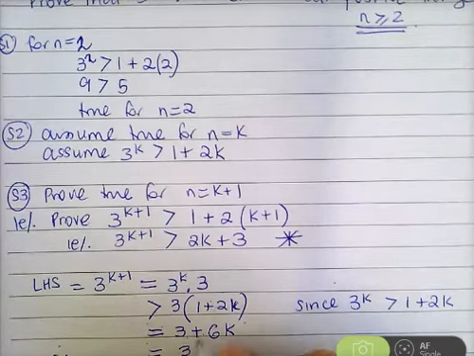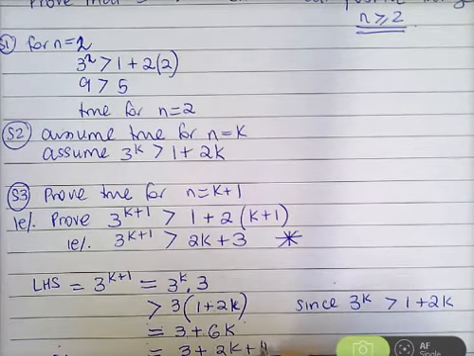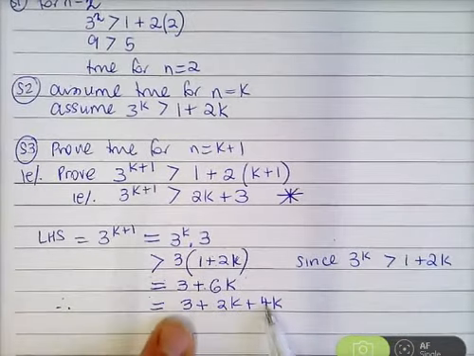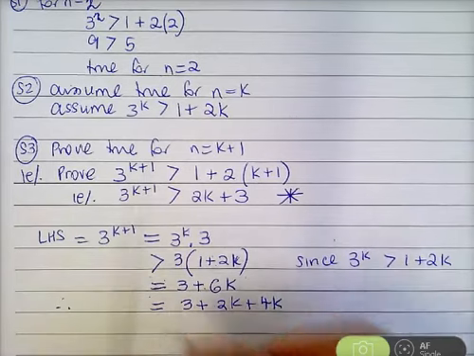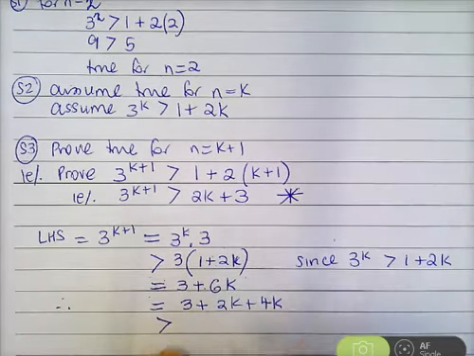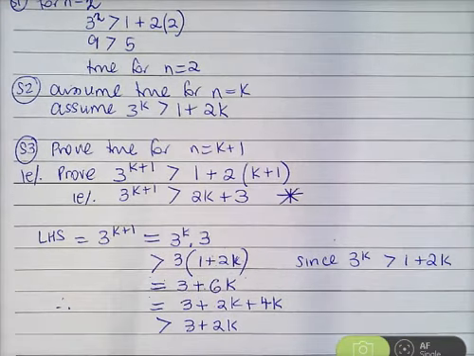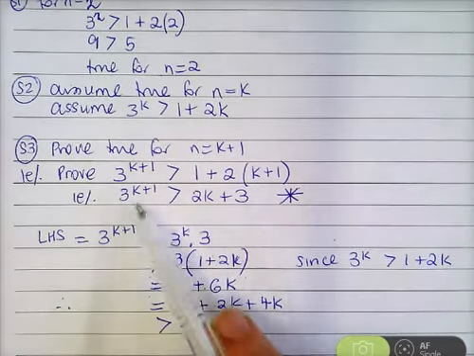So I can either say that, well, this is equal to 3 plus 2k plus 6 plus 4k. Are you okay with that? This line equals that. You okay with that? Which obviously, isn't that line greater than 3 plus 2k? That's what you're trying to prove.